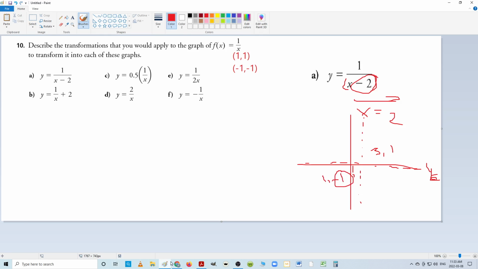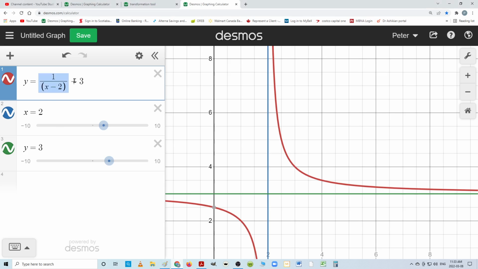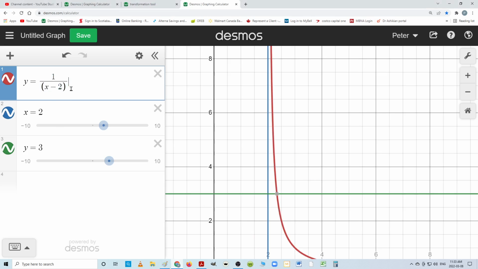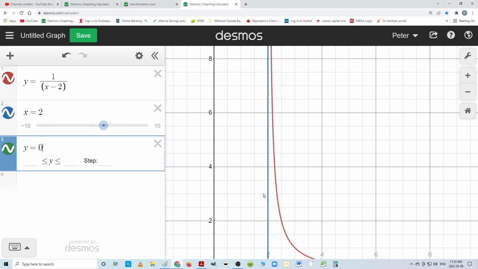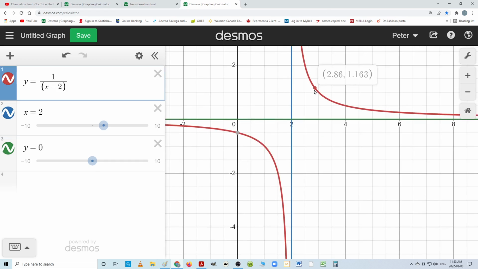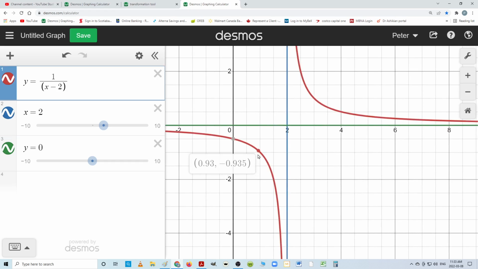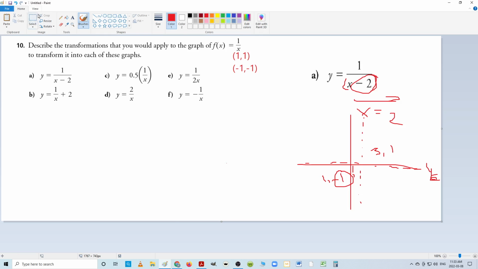So if I do this over here, get rid of that, and forget the y is equal to 3, it's back down to 0. Let's see if those points did indeed translate to where I thought. So there's 3 comma 1, and there's 1 comma negative 1 right there. I can't quite get in there, but it's there. Positive 1, negative 1. So you can see this follows the same rules of transformations as everything.